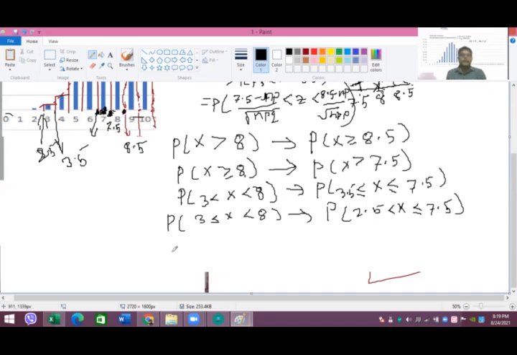And similarly you can see here that if both are written like 3 less than or equal to x less than or equal to 8 for example, then your continuity correction will become 2.5 because 3 has been included. So if x is bigger than 2.5, it includes 3 also, and less than or equal to 8 means it should include 8 also.